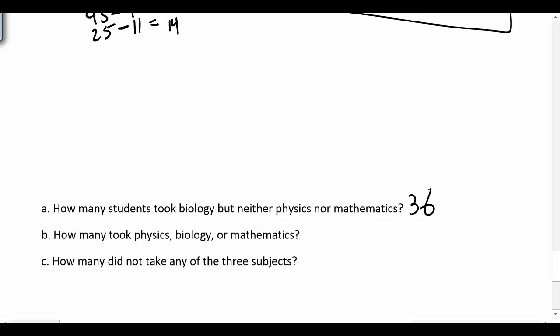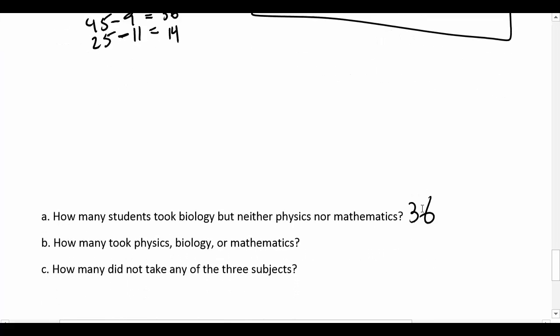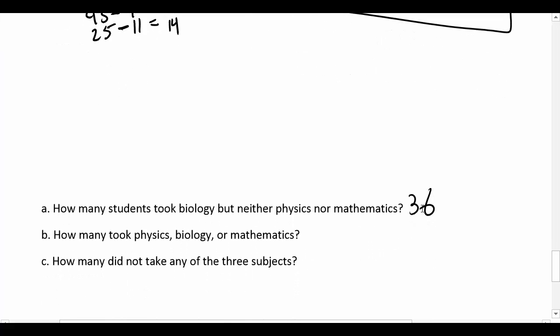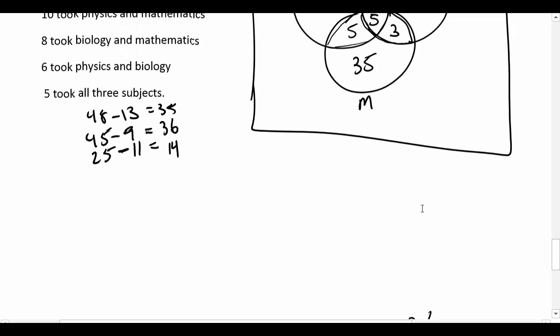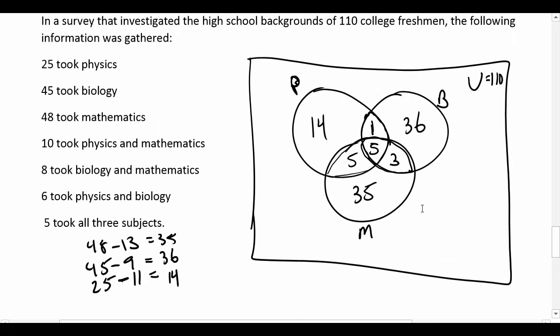How many took physics, biology, or math? Ooh, there's an interesting question. We haven't actually addressed the totals. As we know, there's 110 students, but do we get all 110 in our little picture here? So let's see.